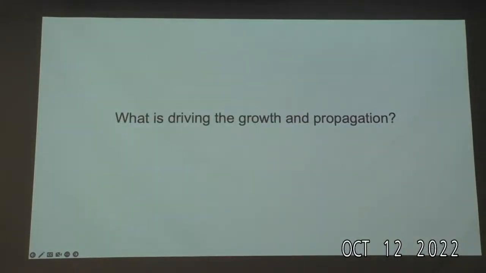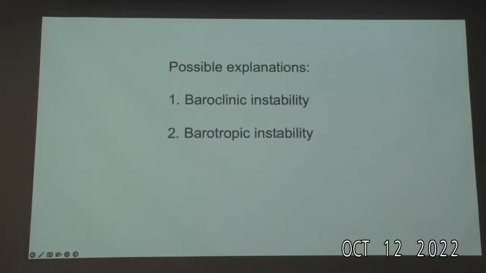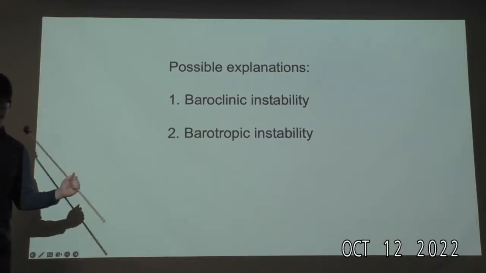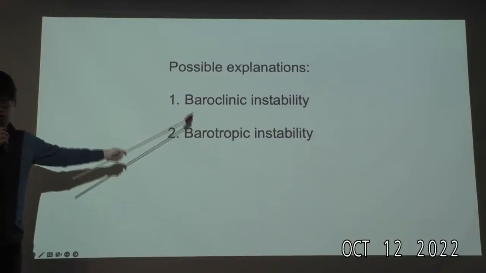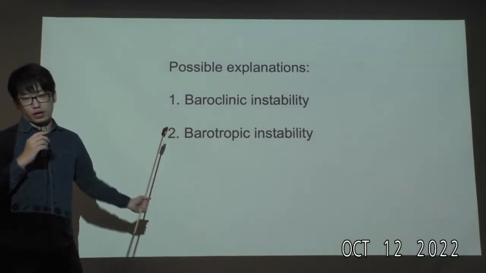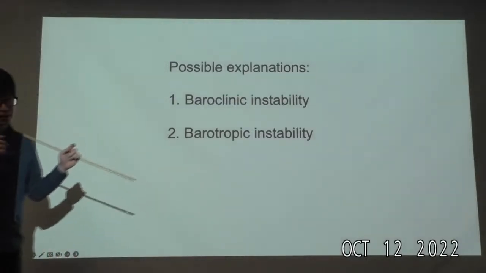So based on this background information, we have proposed our question: what is the mechanism that's driving the propagation and growth of the monsoon low pressure systems? Based on this question, we have many different answers. For example, barotropic instability and baroclinic instability have been proposed during the past decades.